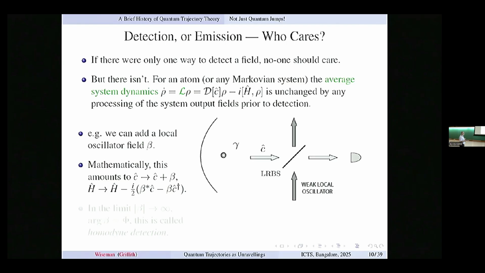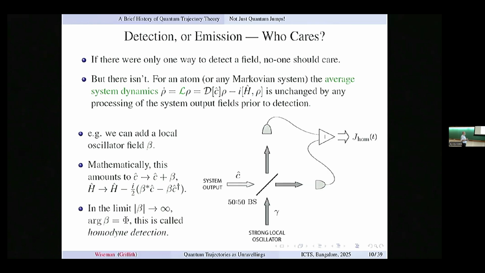But if I think of this as being the jump operator, this is now a very different jump operator if I add a c-number to it. And there's a particular limit of this which is interesting, when I take the limit of the local oscillator. The local oscillator, for those who don't know, is just like a laser field, which we idealize as being in a coherent state.